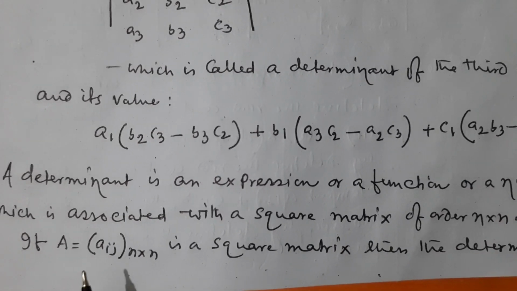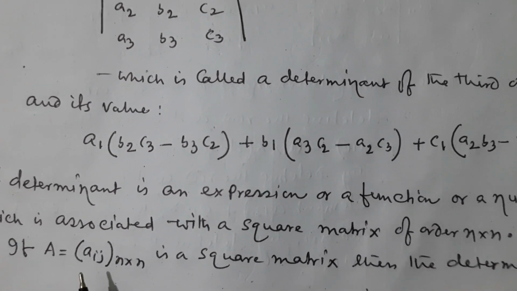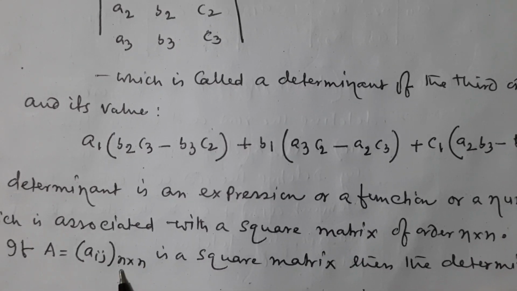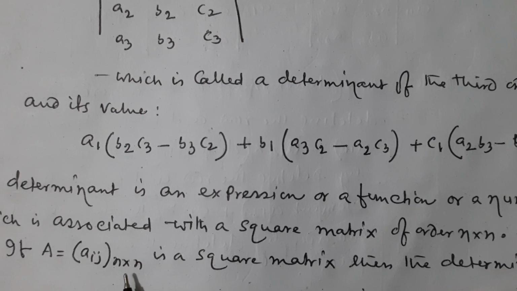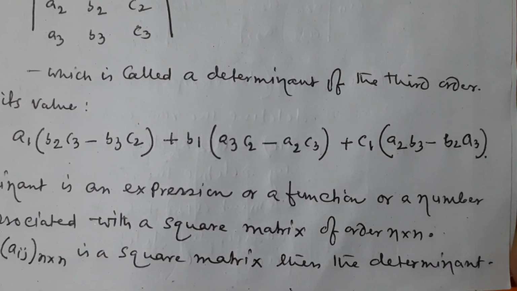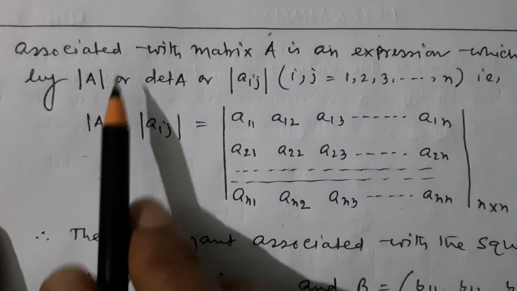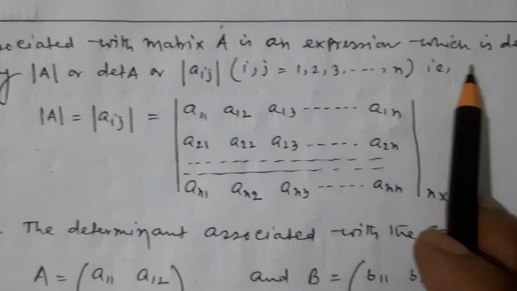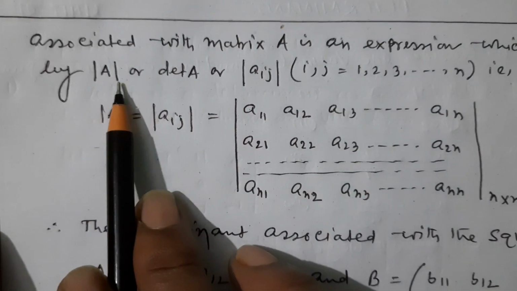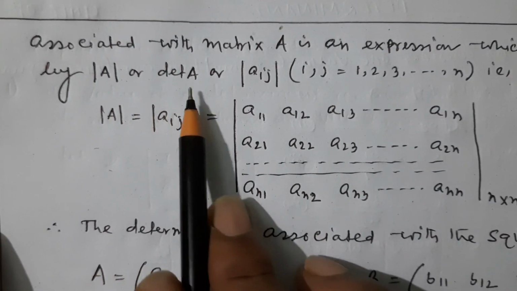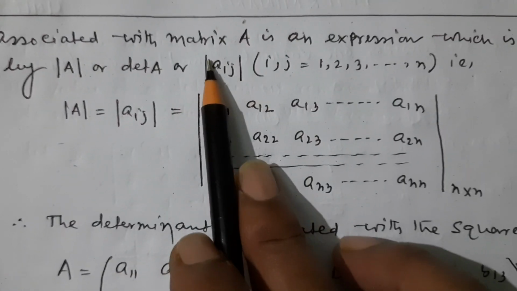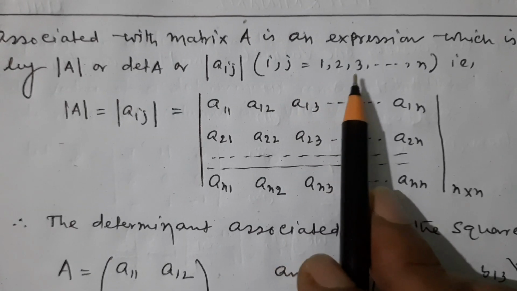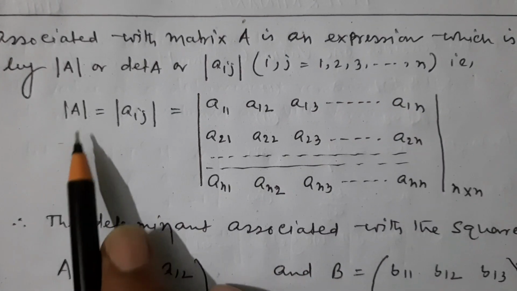That is, if capital A equals Aij, an n cross n order matrix, where the number of rows equals the number of columns, so this is an n cross n square matrix, then the determinant associated with matrix A is an expression which is denoted by determinant of A or det of A, or determinant of Aij, where i, j equals 1, 2, 3, up to n.